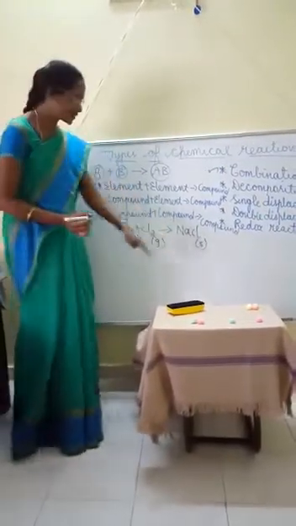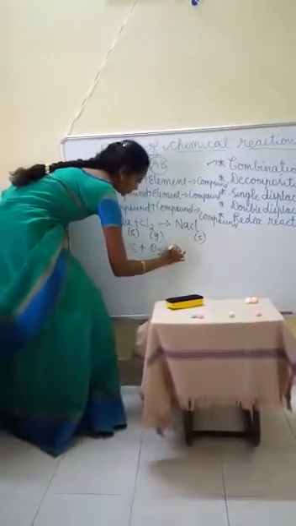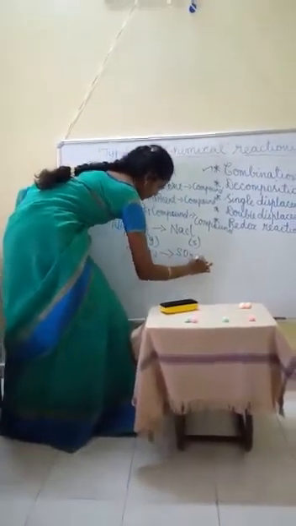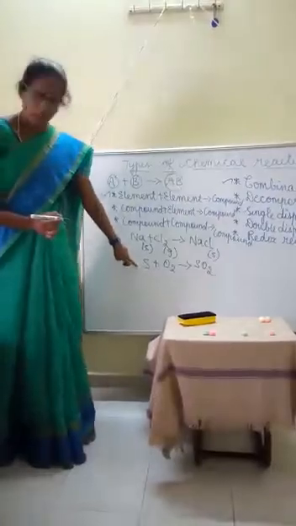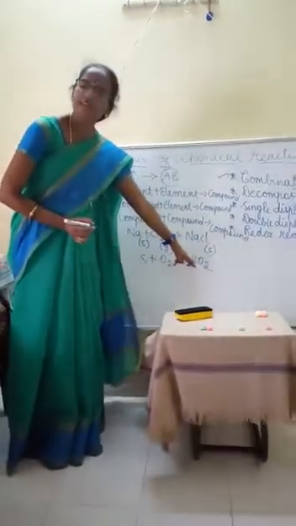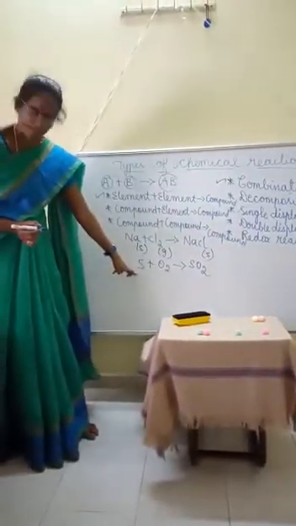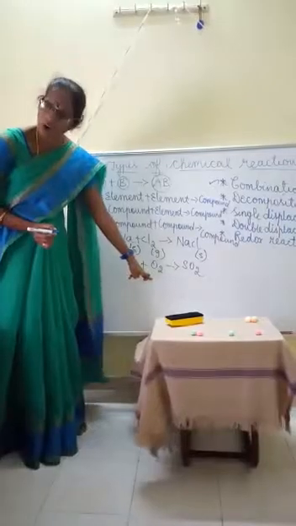One more example we can see. When solid sulfur reacts with oxygen gas, it forms sulfur dioxide. Sulfur is a non-metal, oxygen is a non-metal.